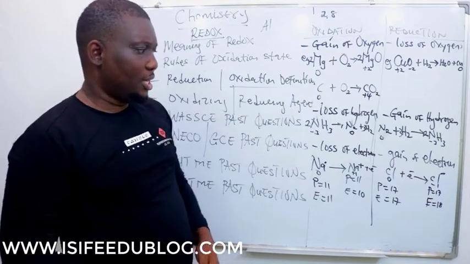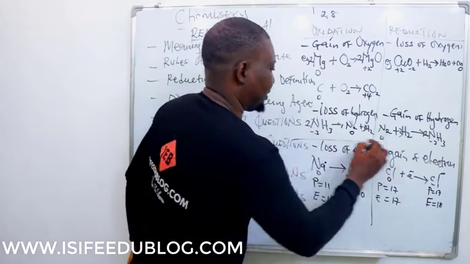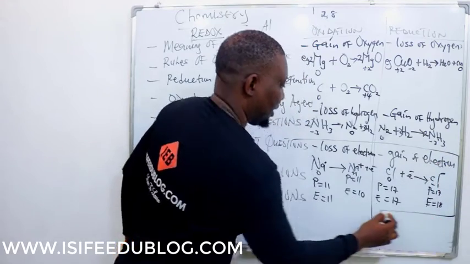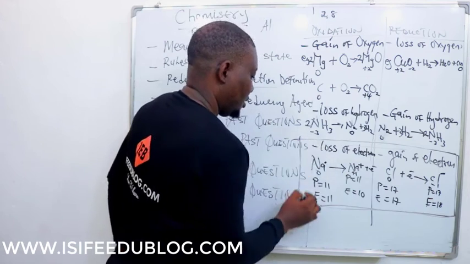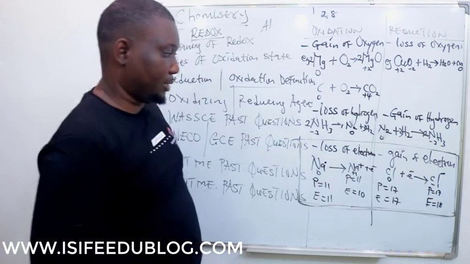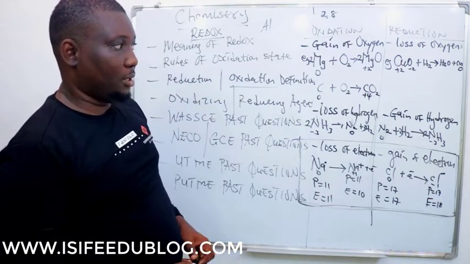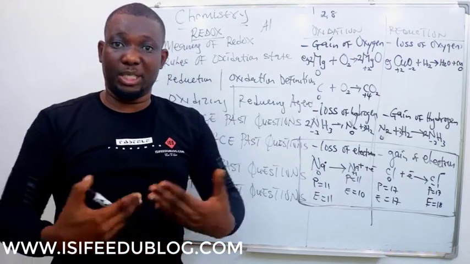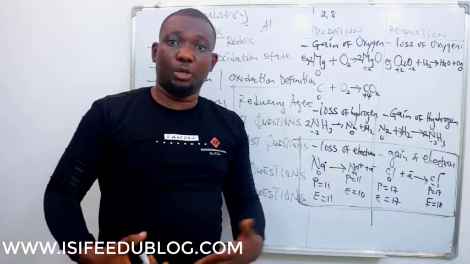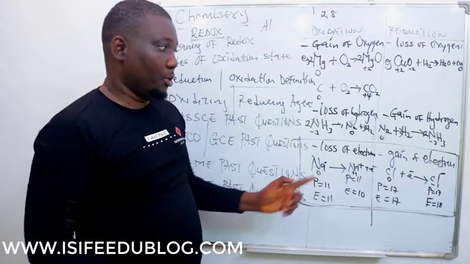Of course, these particular aspects of redox reaction are important. If I'm asked to define oxidation and reduction without being specific about which of the definitions to use, I'm going to take this.